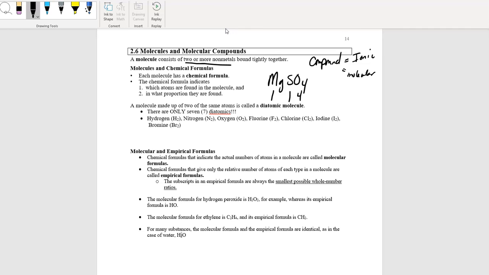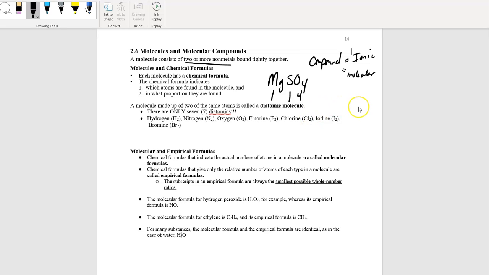Now, we always have to remember those 7 diatomic molecules. These 7 elements only exist either with themselves or in another structure with another molecule or compound. Like chlorine is either bonded with itself, or bonded with nonmetals, or bonded with metals.